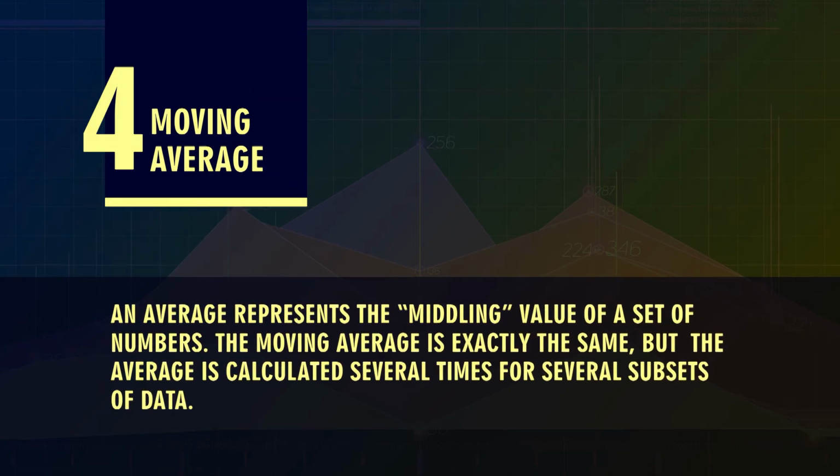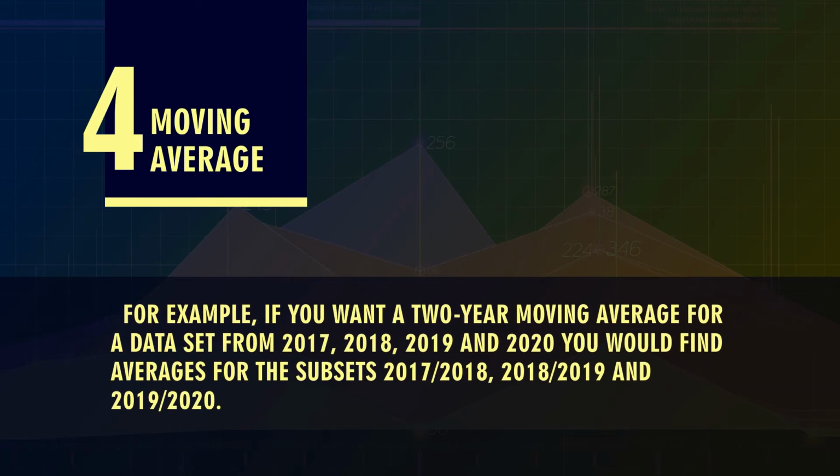An average represents the middling value of a set of numbers. The moving average is exactly the same, but the average is calculated several times for several subsets of data. For example, if you want a 2-year moving average for a data set from 2017, 2018, 2019 and 2020, you would find the average for the subsets of 2017/2018, then 2018/2019 and 2019/2020.